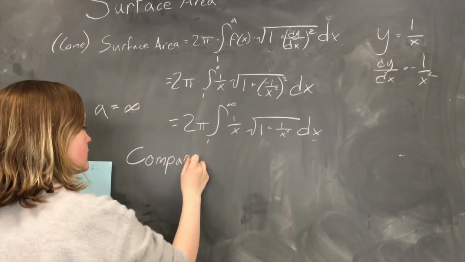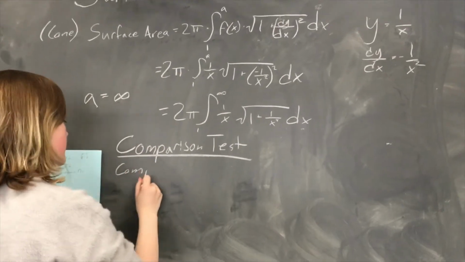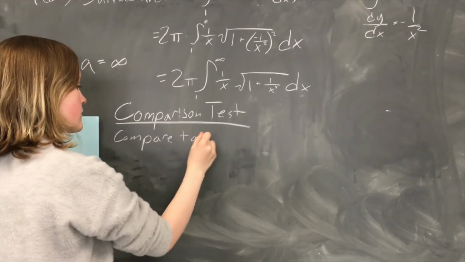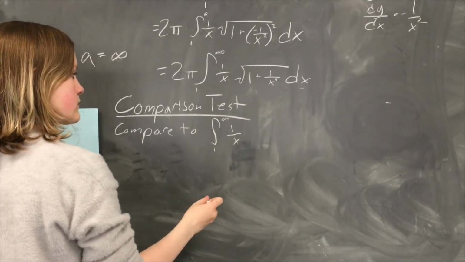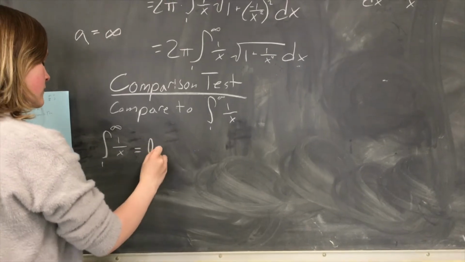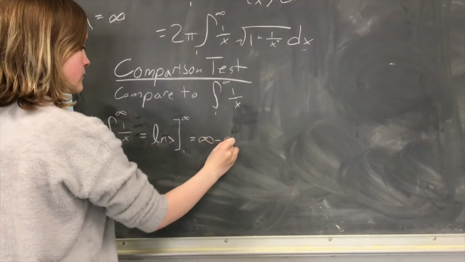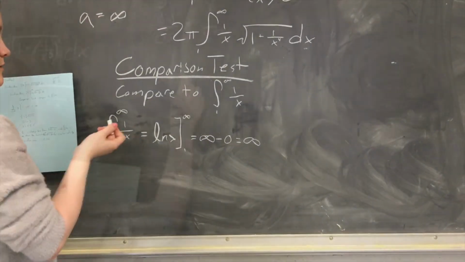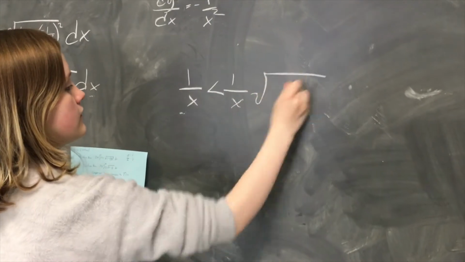Now we are going to prove its divergence using the comparison test. We're going to use 1 over x as our test subject. By using the integral test, we know that 1 over x diverges because it is the harmonic series. Here, we are proving that 1 over x is less than our specific function.